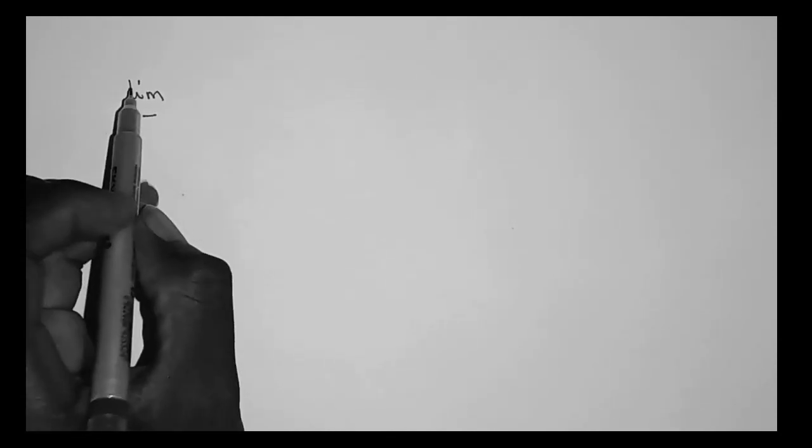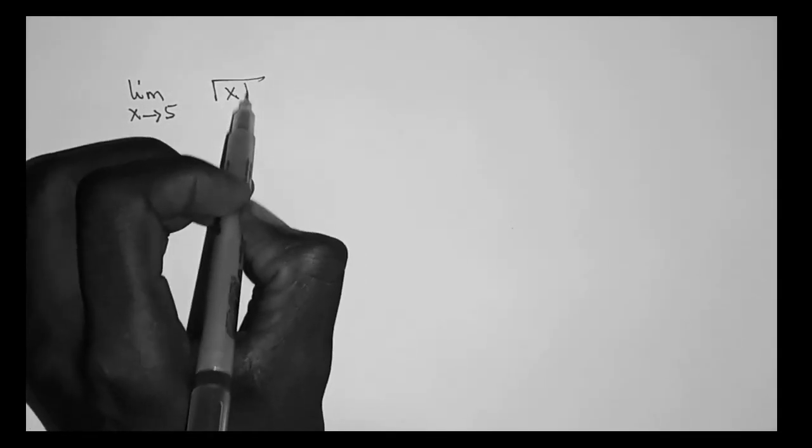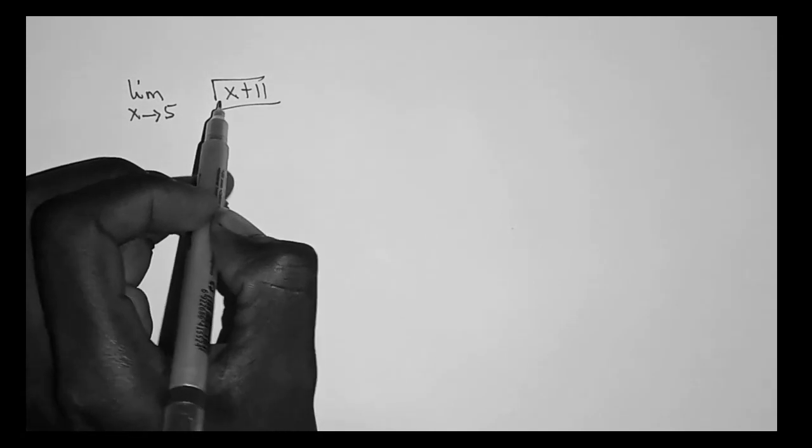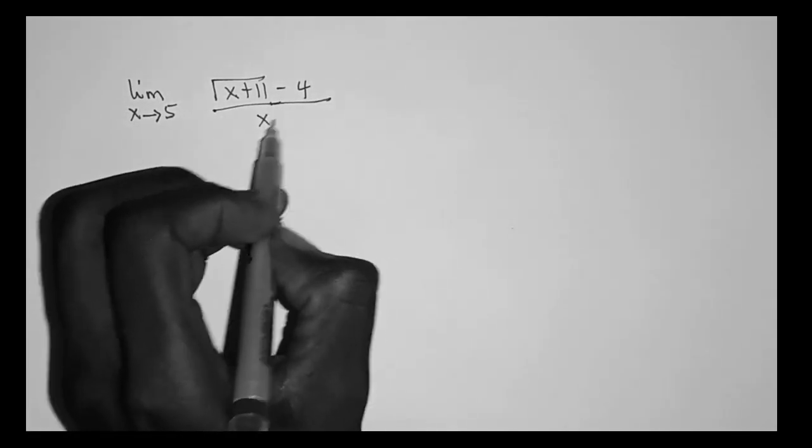So let's come to limits that involve the conjugate method. For example, what is the limit as x approaches 5 of square root of x plus 11 minus 4, all over x minus 5?